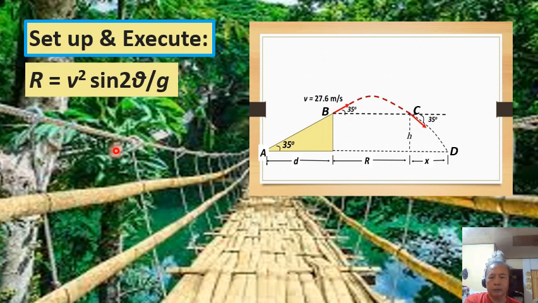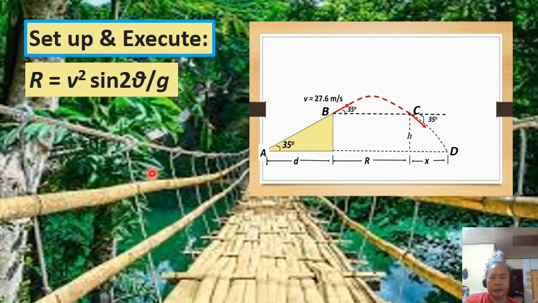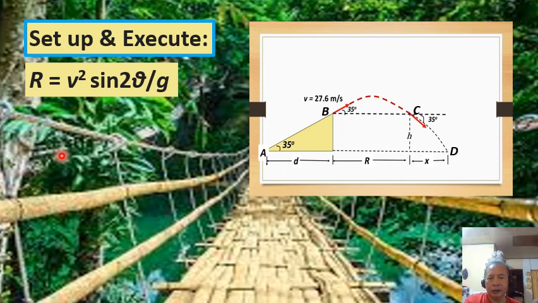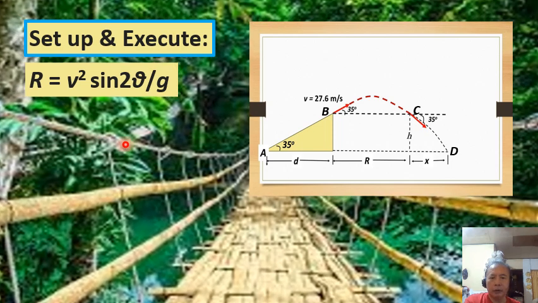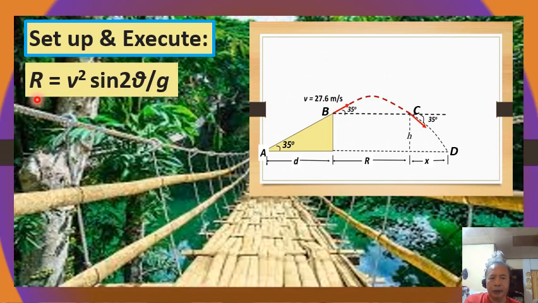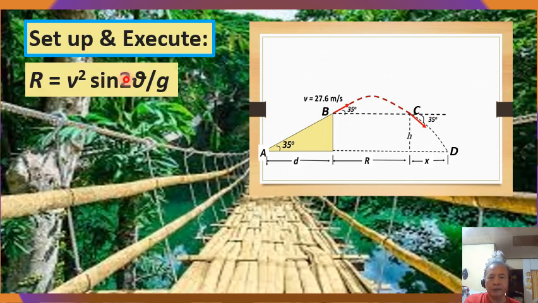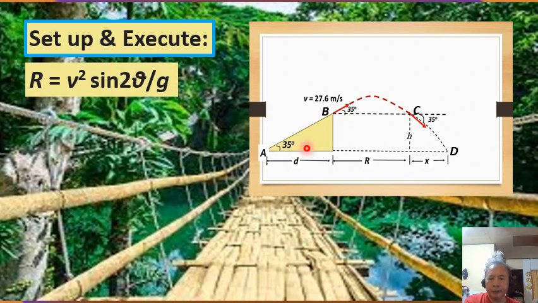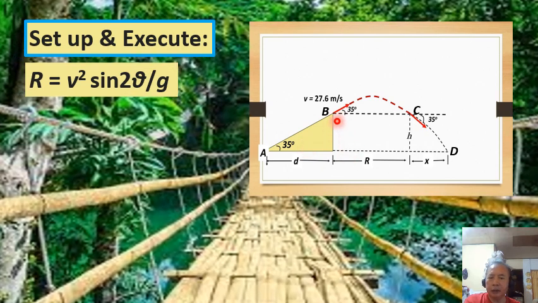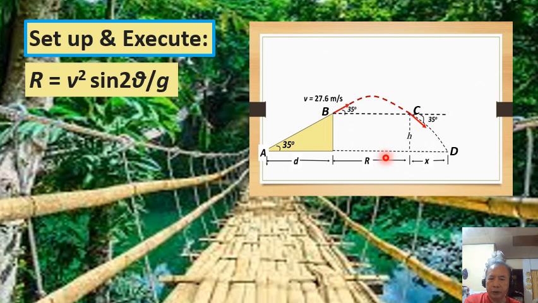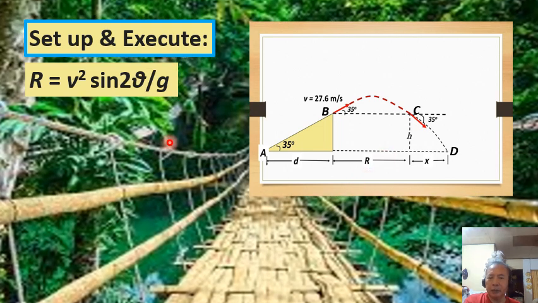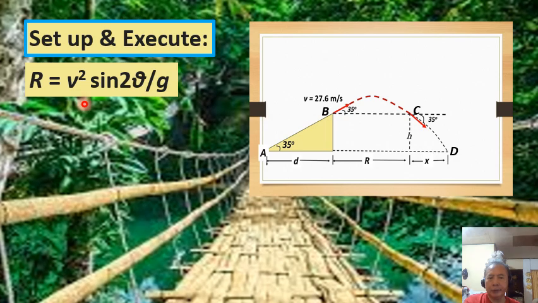In the case of the horizontal distance or range of the rocket, we can use the formula, also a derived formula, to determine the distance from point B to point C, which we label here as big R, right?